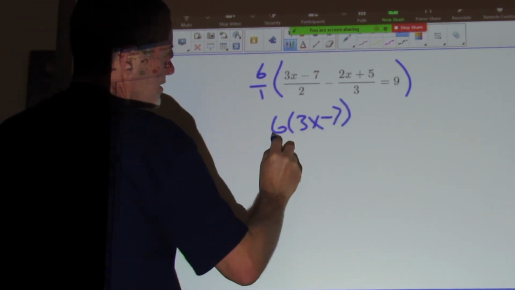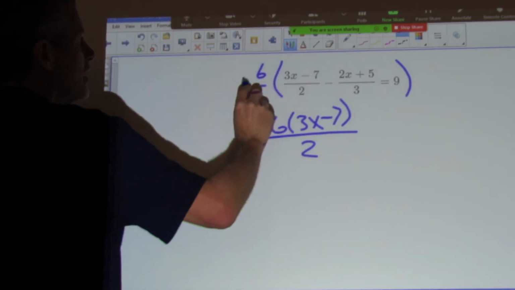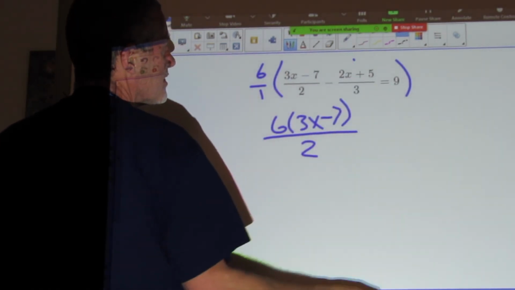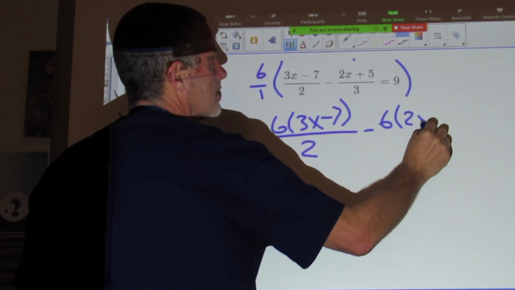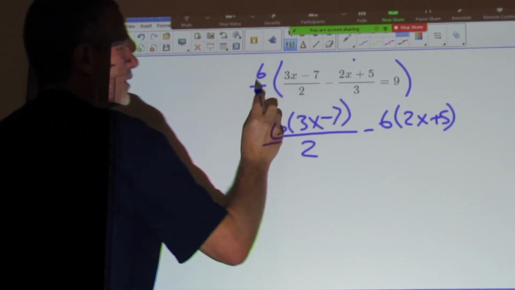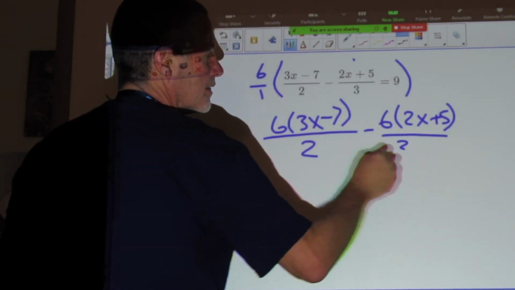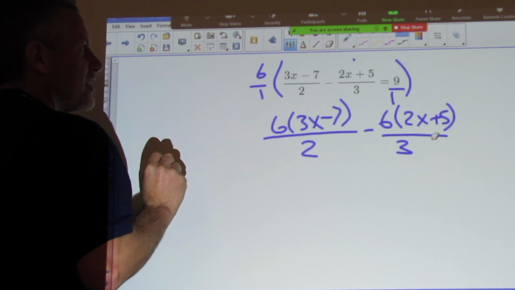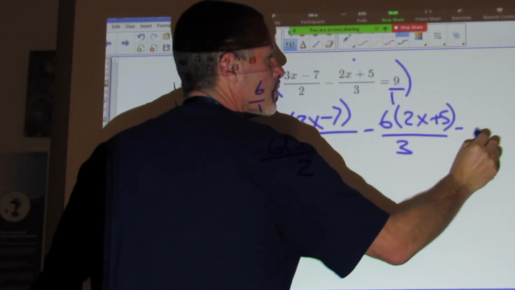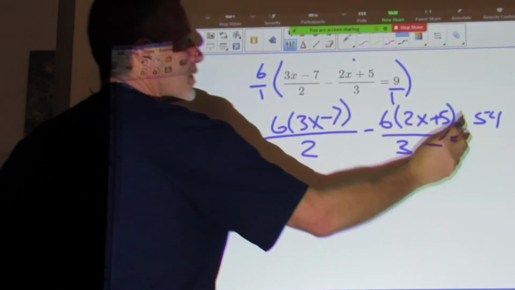Denominator times denominator is 2. Numerator times the next term here, the 2x plus 5, is numerator times numerator. And 1 times 3 is denominator. As long as I'm using that strategy, 6 times 9 is 54. And 1 times 1 is 1.